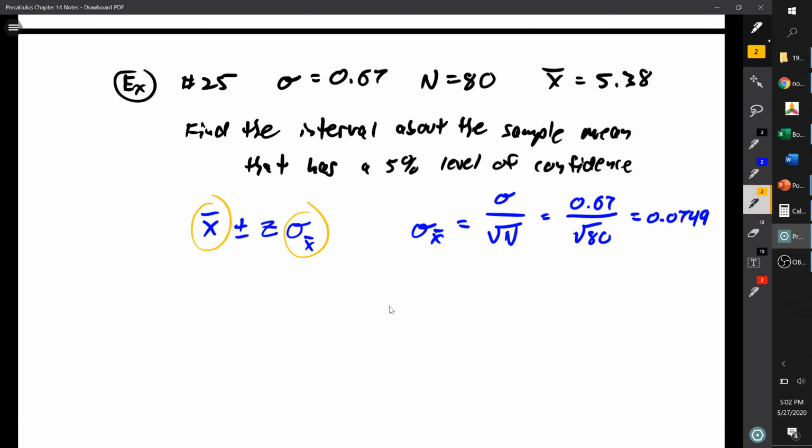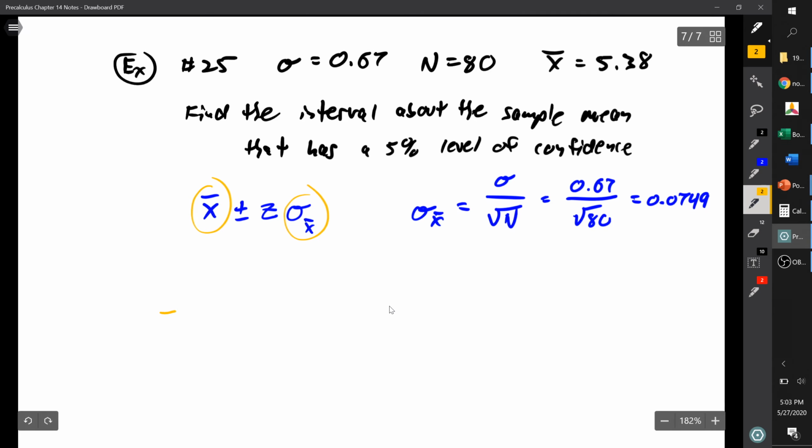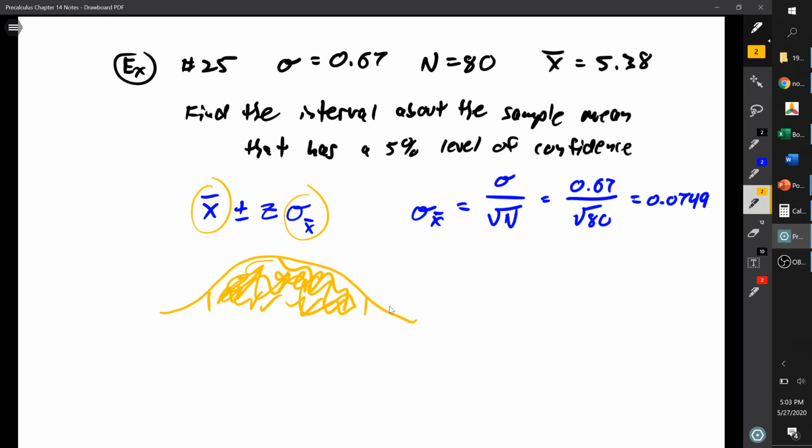So we need to find what z value corresponds to 95% of the data being above and below your value. That's a really bad normal distribution curve, but I'll deal with it. We want 95% of the data here because we want a 5% level of confidence.